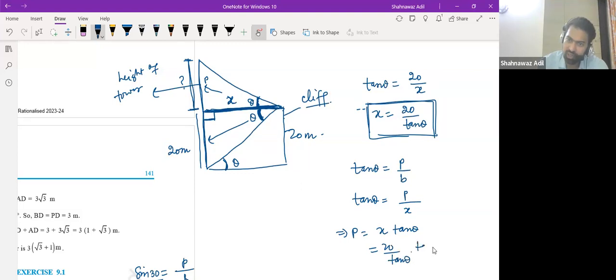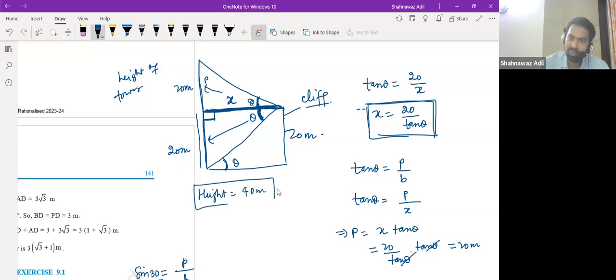So this tan theta cancels and I have this 20. So I have found out that this perpendicular is 20 meters, right? Yes, sir. So the height would be 40 meters. There was a mistake that the previous time I wrote 20 tan theta. That was the mistake.